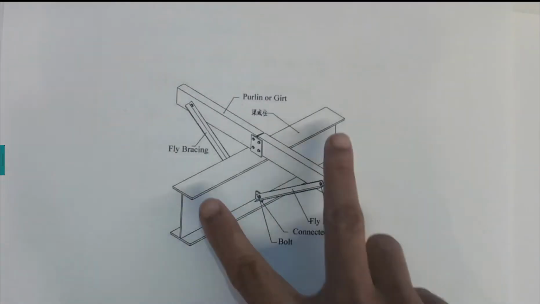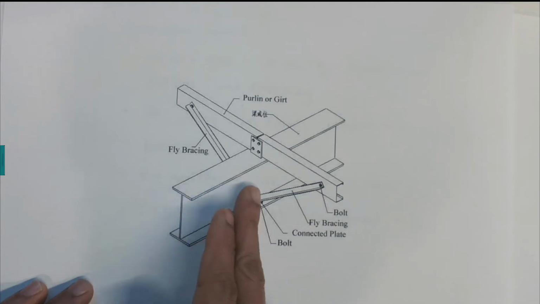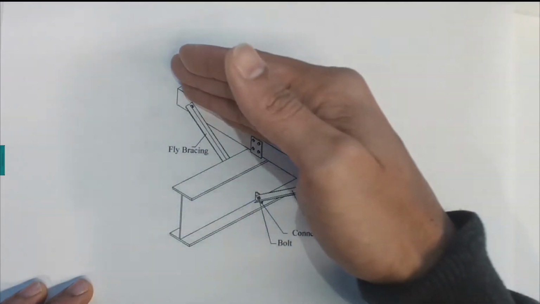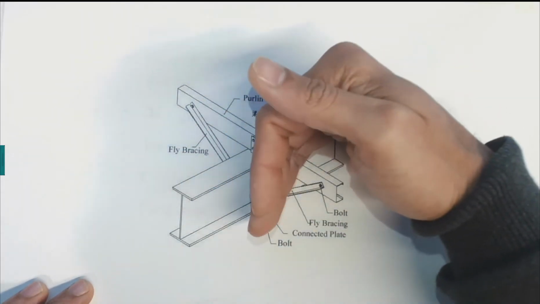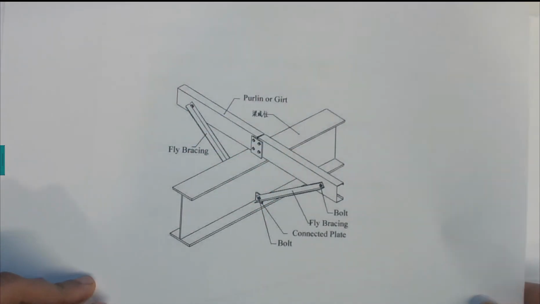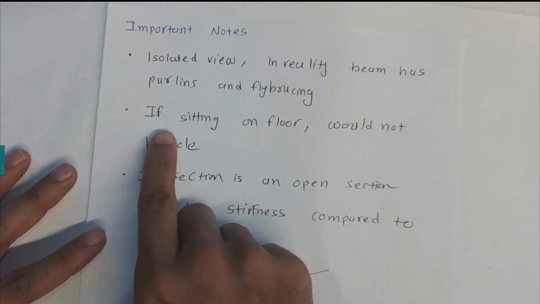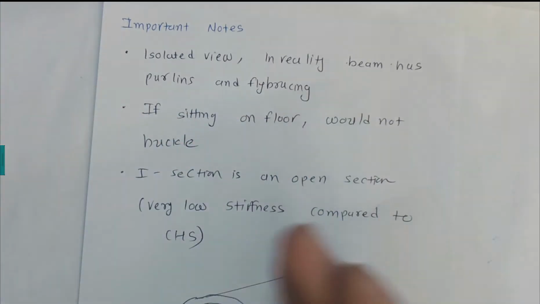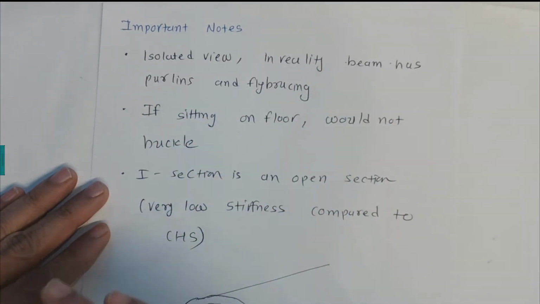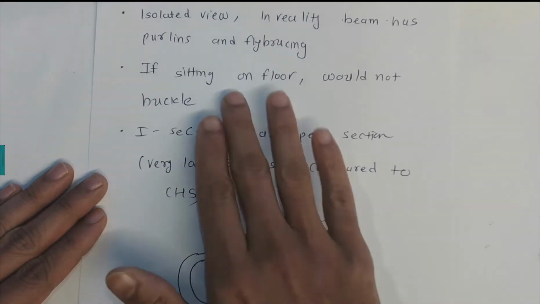If you have a steel beam here, we have a fly bracing to stop this beam from laterally buckling. We also have these purlins to stop this beam from buckling. Now if you have a floor like a slab and the beam sitting onto the floor or under the floor, then we can say the beam is fully laterally supported. The FTB will not occur in that case.